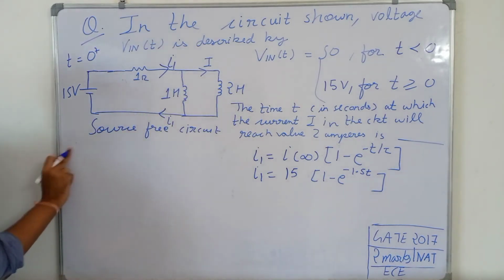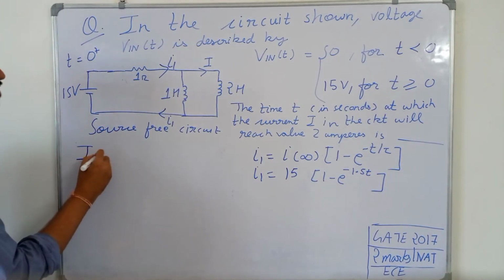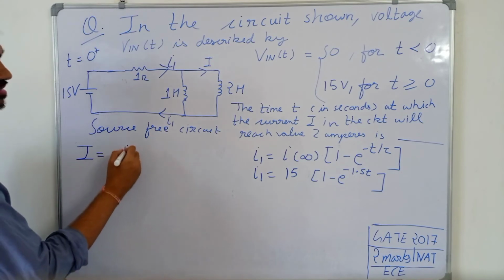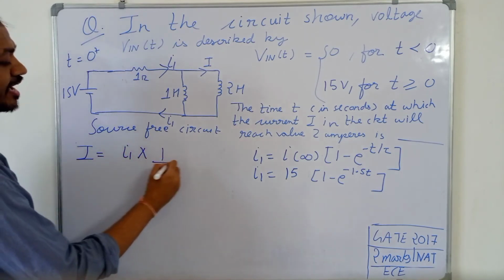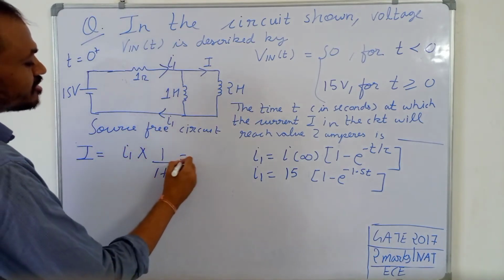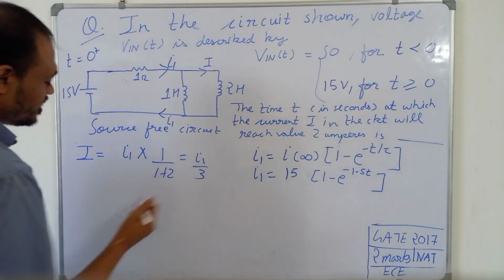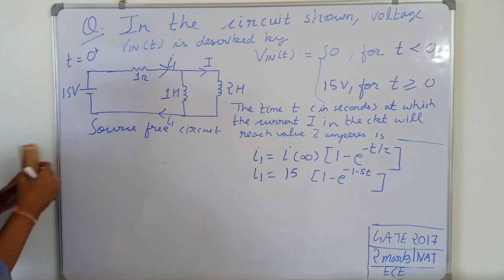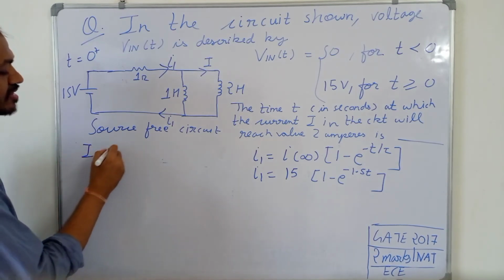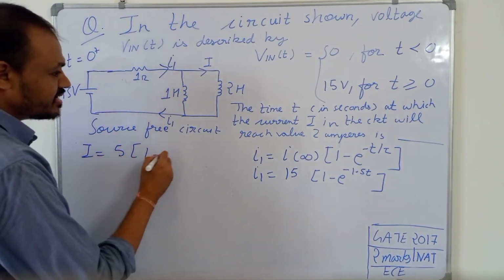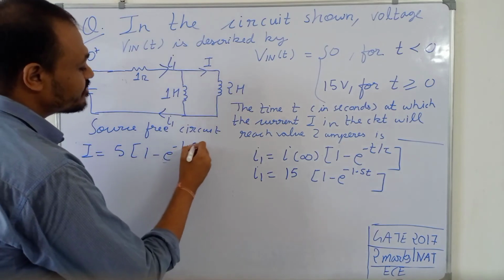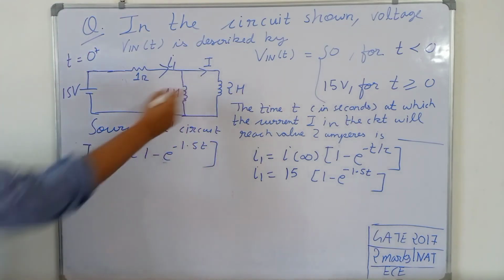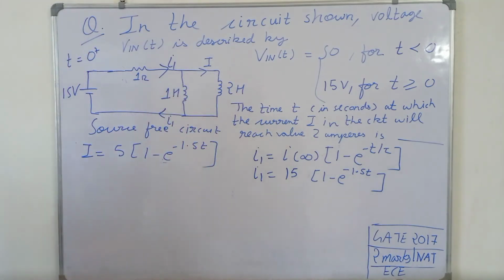So this I will be equal to I1 into 1 upon 1 plus 2, which is I1 upon 3. So this current capital I will be equal to 15 upon 3, so 5 into 1 minus e to the power minus 1.5 t.